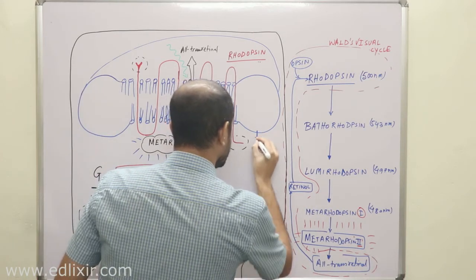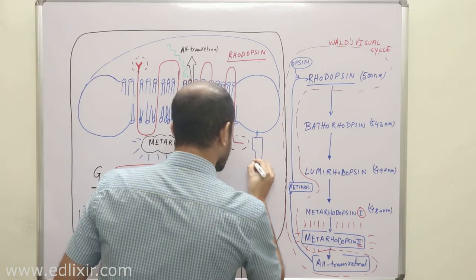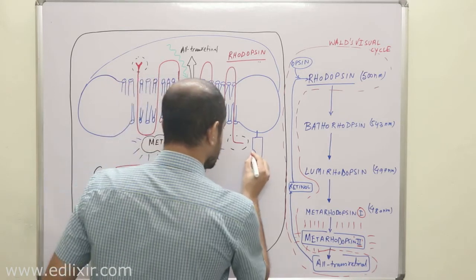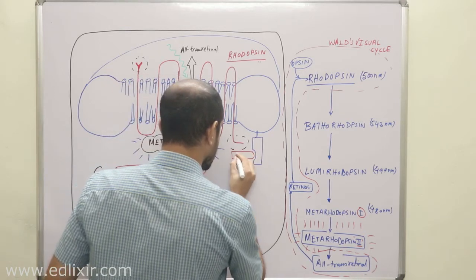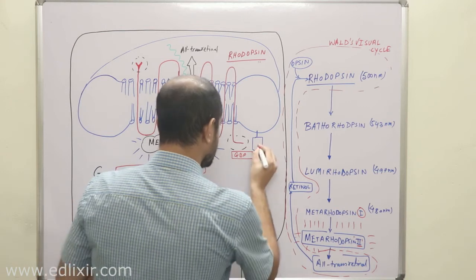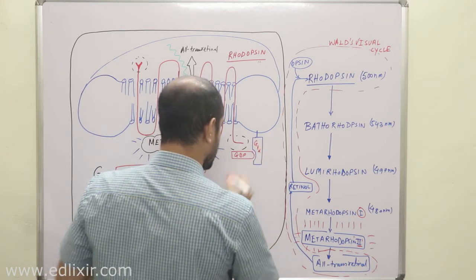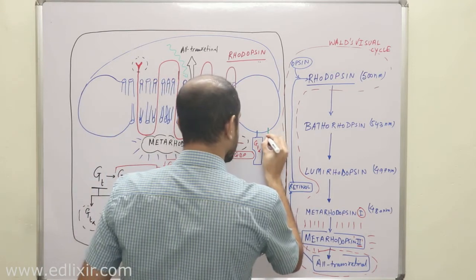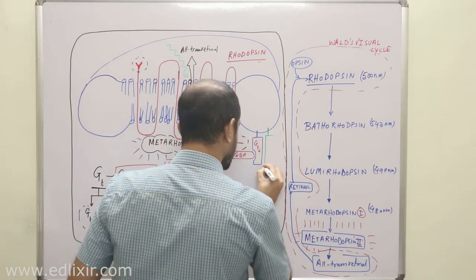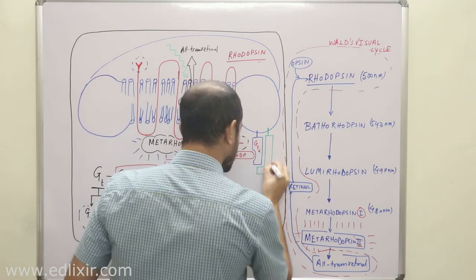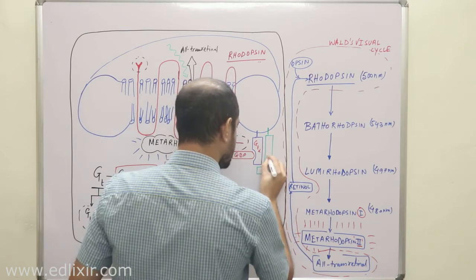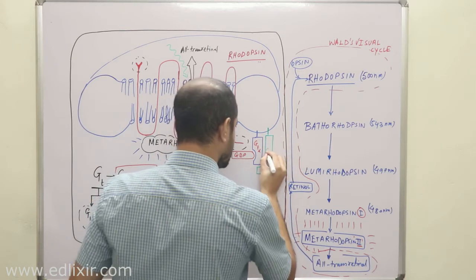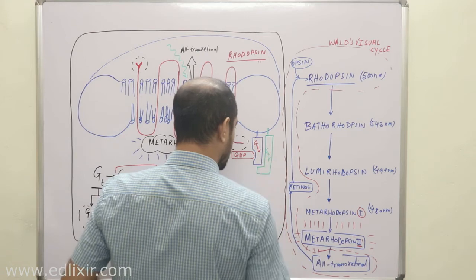Suppose this is your GT alpha. And this is GT gamma.